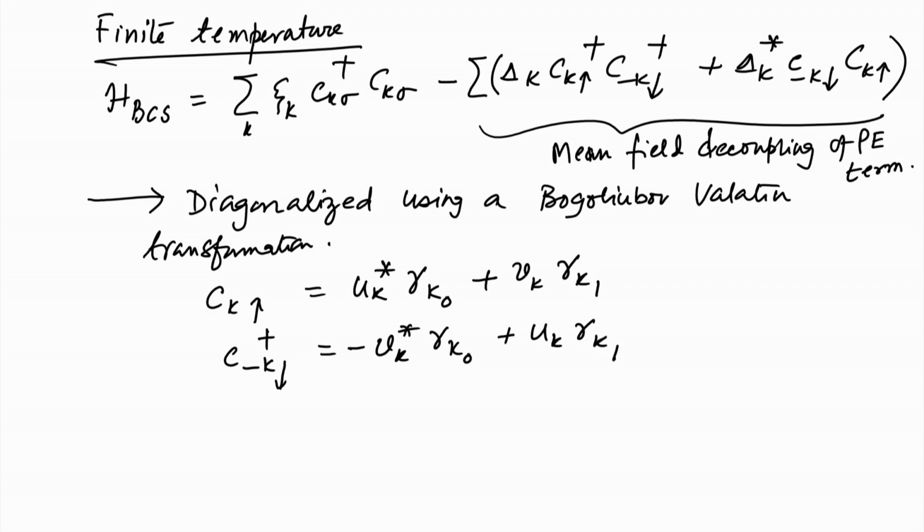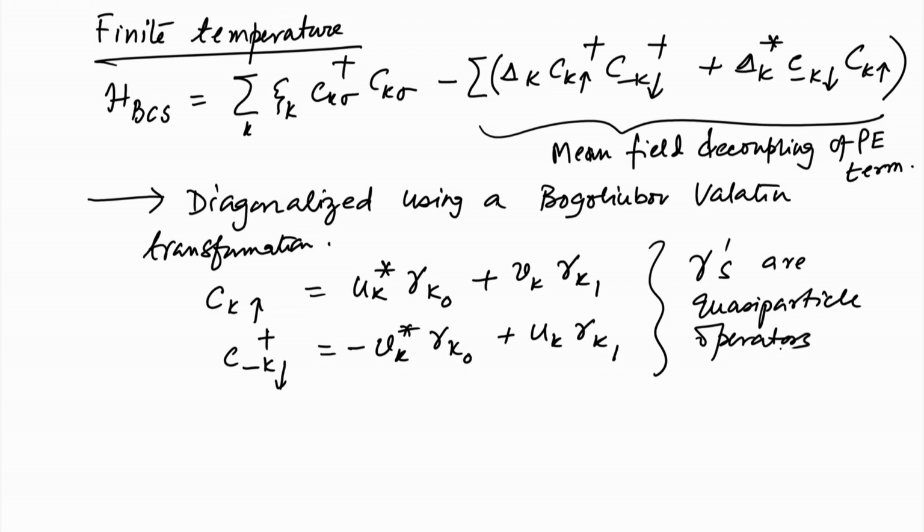And so, gammas are quasi-particle operators, so gamma, gamma dagger have the usual anti-commutation relations.